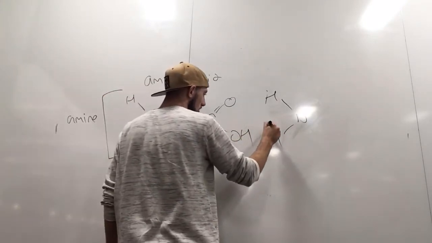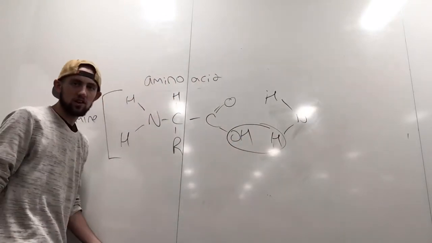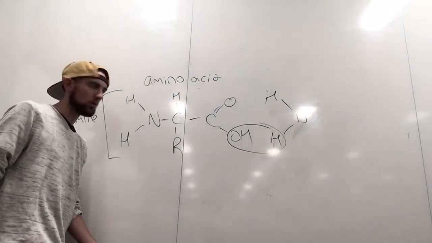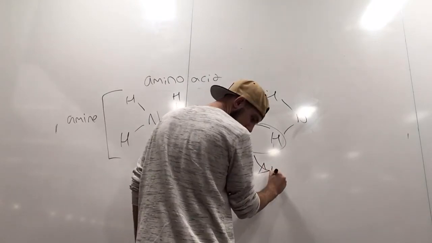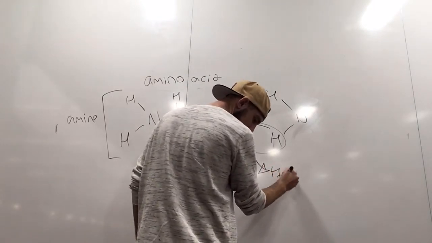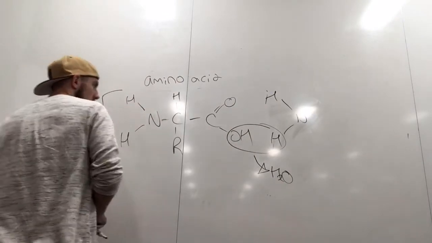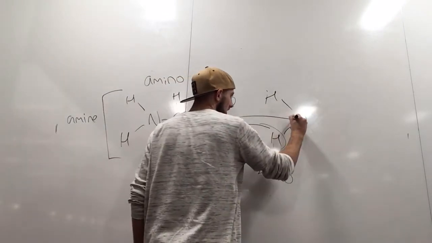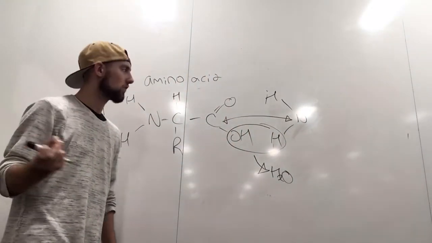Okay, and I'm going to bond the hydrogen and the hydroxide together, just like we did with the glucose, and that's going to create H2O. And obviously, just like in the last one, we're going to form a bond between the carbon and the nitrogen, and this right here is going to be a very strong covalent bond.